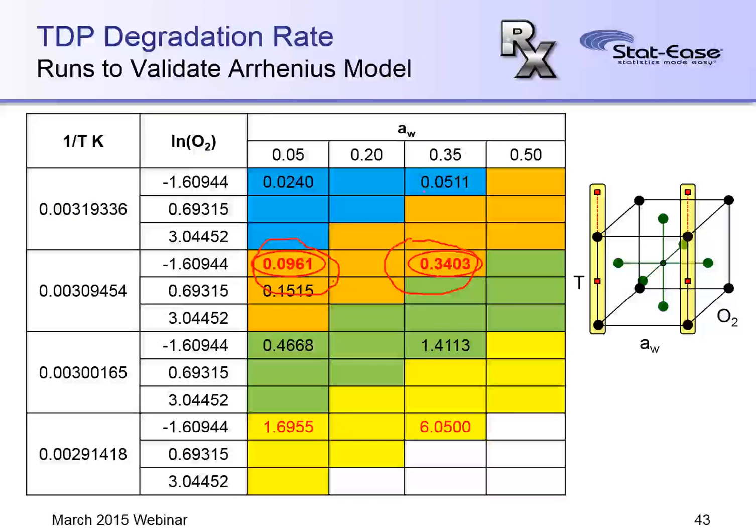So we'll go ahead and fill in the actual responses that will be used in the analysis. We did mention that we were going to look at oxygen on the log scale because that relationship is exponential. And we're going to look at the inverse temperature now. However, we will convert it to the Kelvin scale here.